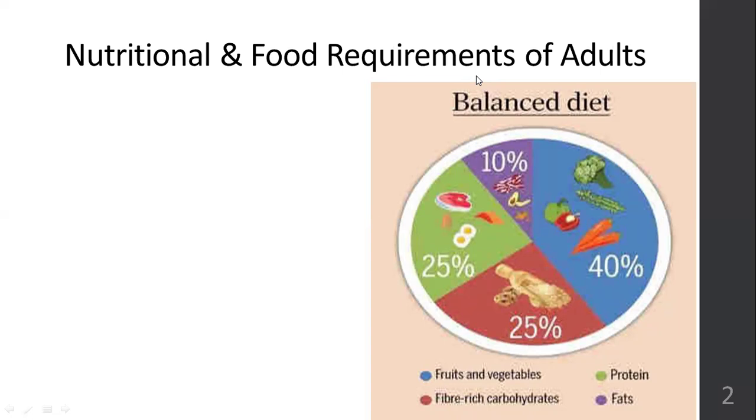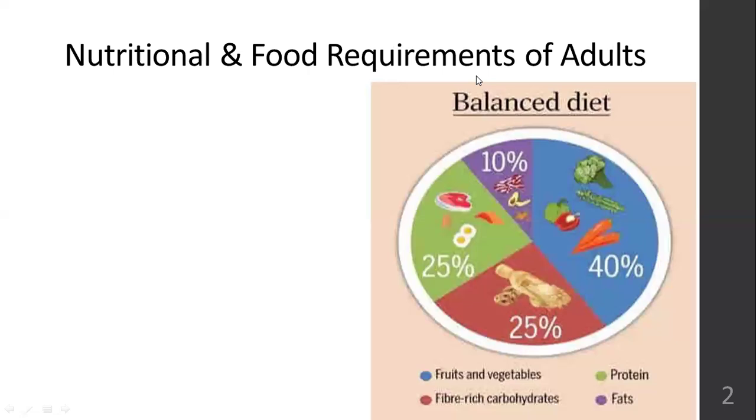If you divide your plate into a pie chart, 40% of it should have the servings of fresh fruits and vegetables. 25% of it, some fiber rich cereals, legumes as well.